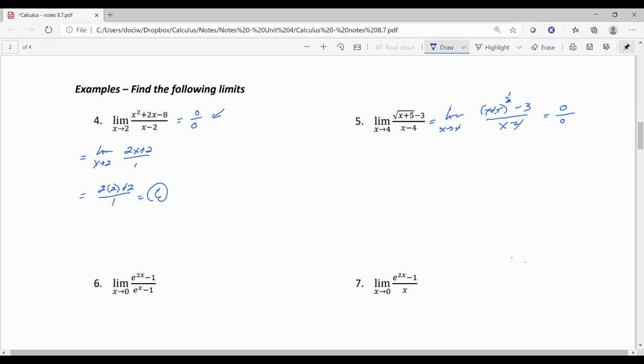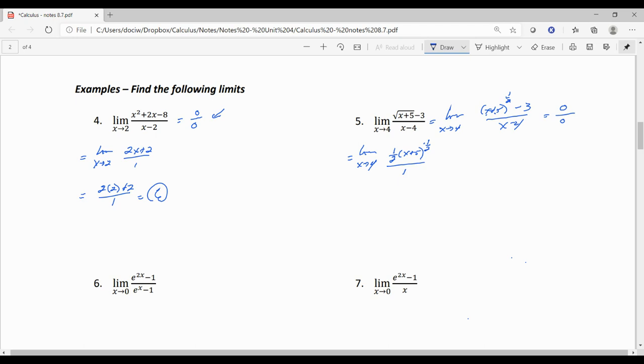So we can invoke, I'm going to call it invoking L'Hopital's rule, and say, therefore, that we can simply take the derivative of the top and the derivative of the bottom. So we have the limit as x approaches 4 of the derivative of x plus 5 to the 1/2. That's 1/2 times x plus 5 to the negative 1/2 plus 0, because the derivative of negative 3 is 0, divided by the derivative of x minus 4, which is 1.